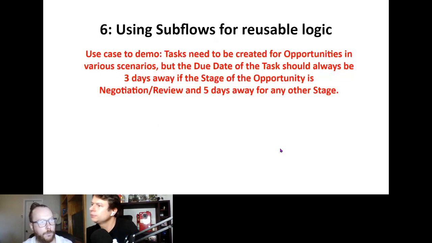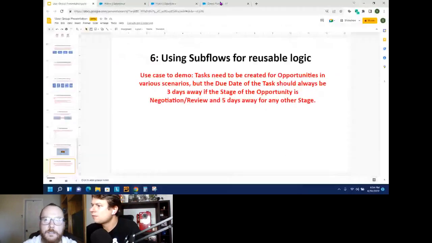So what we're going to walk through here is we're going to build a subflow that takes in a stage from an opportunity, calculates a due date, and then returns it to the flow that called it. So let's dive into that.